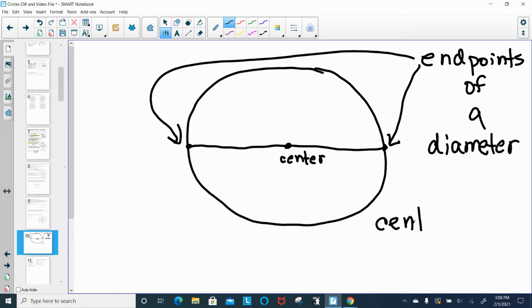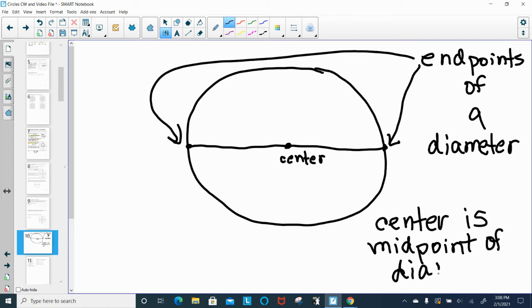But the center point is the midpoint of the diameter. And I don't know if you remember, but remember Desmos can do midpoint for us.